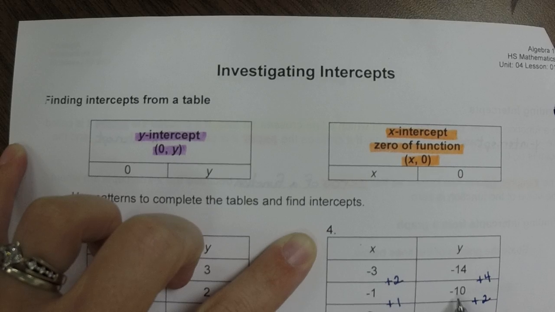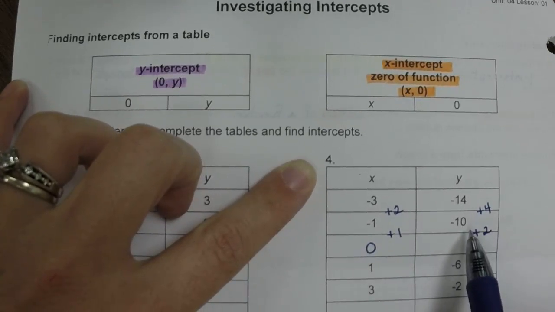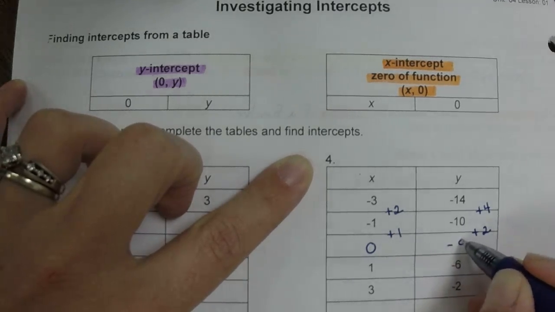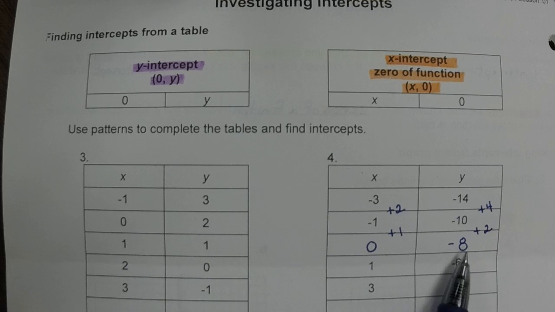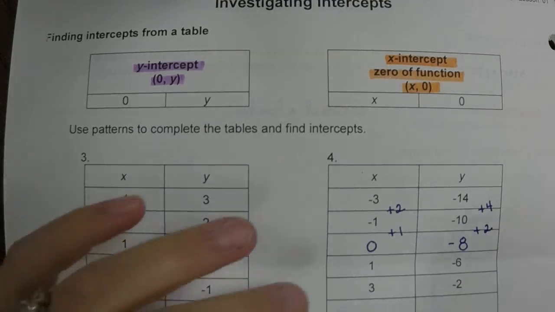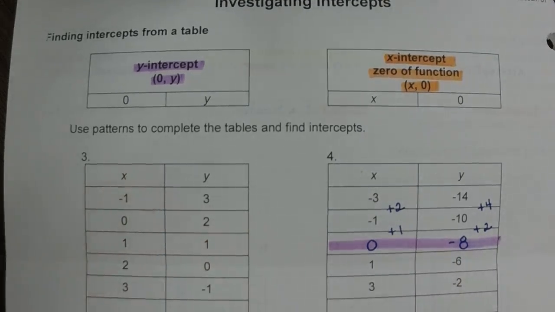So -10 plus 2 would be -8. Now, do I have a 0 in the x column or a number in the y column? In this case, I have a number in the y column. So when there's a number in the y column, this is actually going to be our y-intercept.